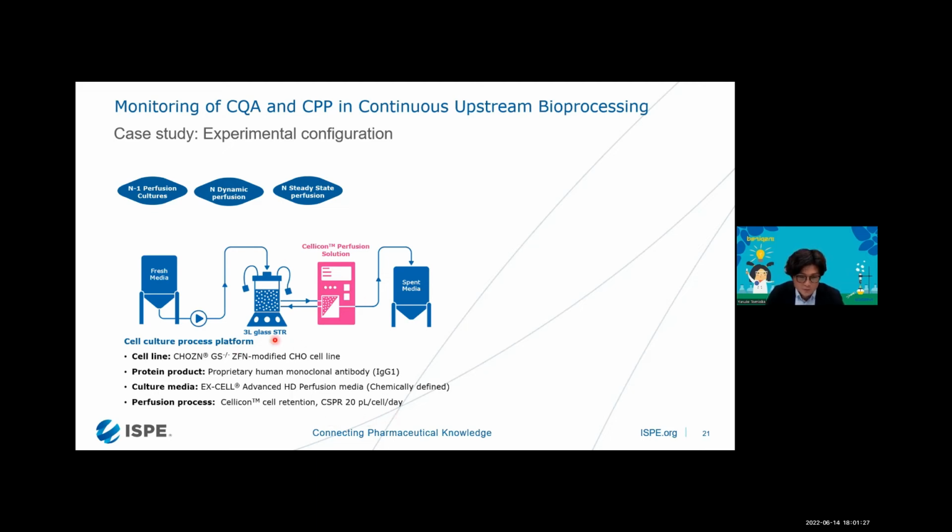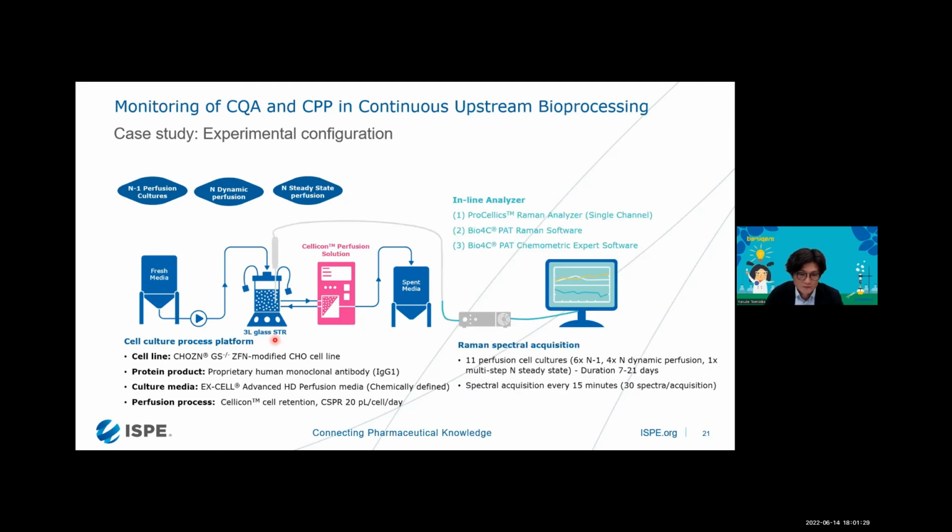For this perfusion setup, we also set up an inline analyzer. We use the ProSelix Raman analyzer, and to monitor the Raman shift, we use the Bioprocessing PhD Raman software, and for analytics, we use the Bioprocessing PhD Chemometric Expert software.